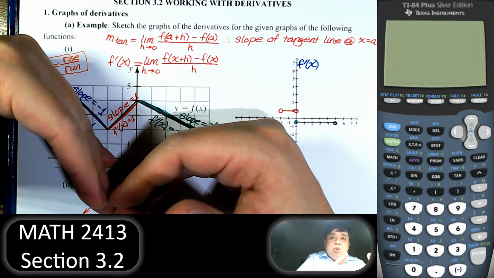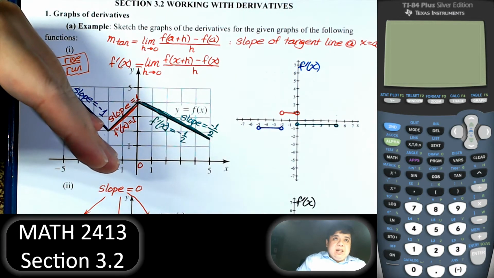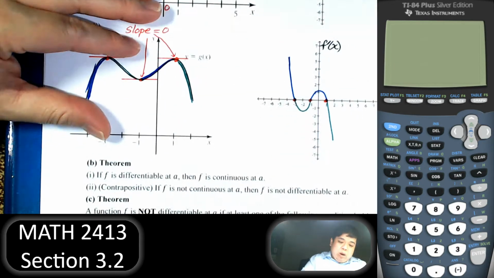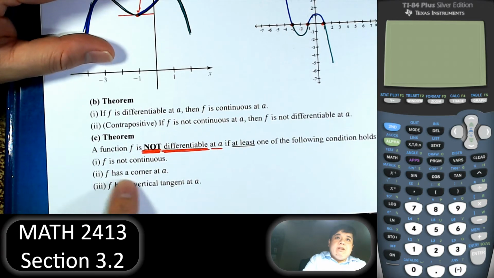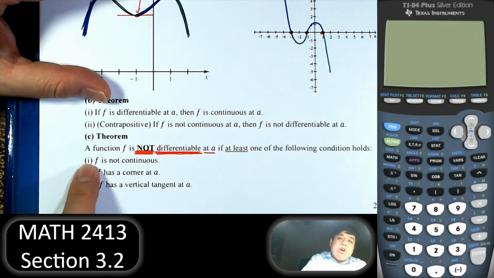In that case, the derivative exists. If we have one function on the left, the slope is equal to something, and the slope on the right is something else. That's like when we have a corner, then the derivative does not exist. So this is the case where we don't have a derivative.